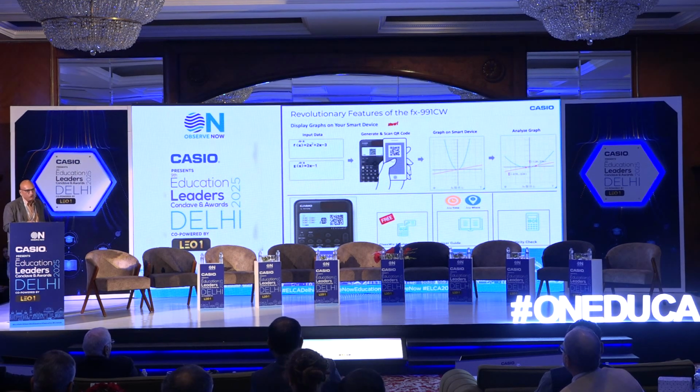Apart from that, I would be talking about a very unique tool inside the 991CW scientific calculator. We have introduced a QR code system inside the calculator, which again helps students to learn better and teachers to teach better.